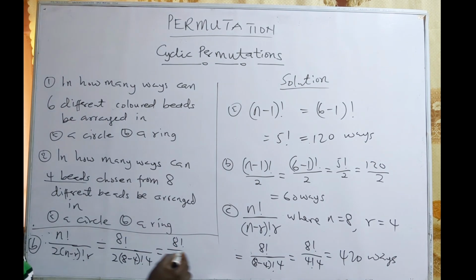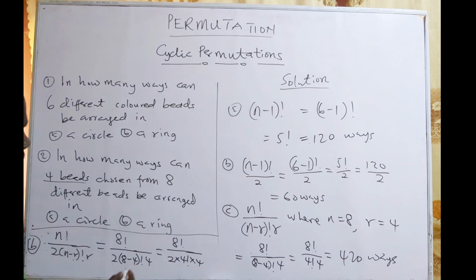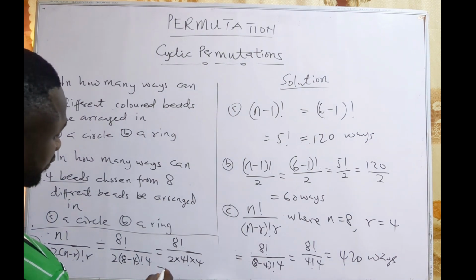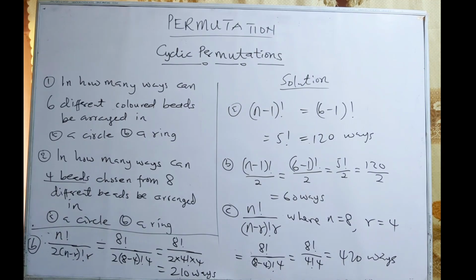So 8 factorial divided by 2 times 4 factorial times 4. Alright, so this is what we are going to have. 8 factorial all divided by 2 times 4 factorial multiplied by 4, and that will give us 210 ways.